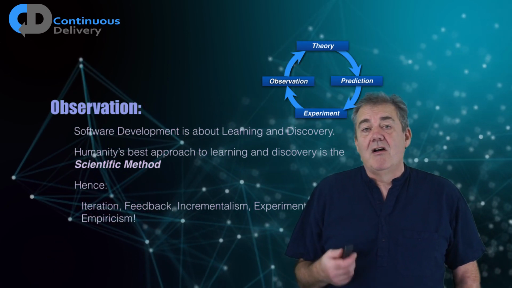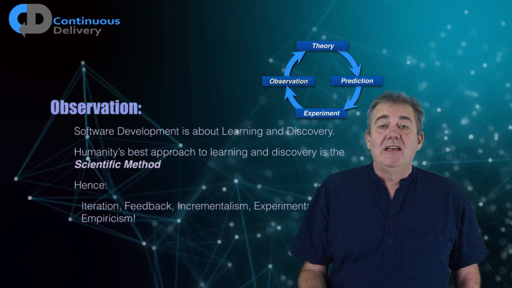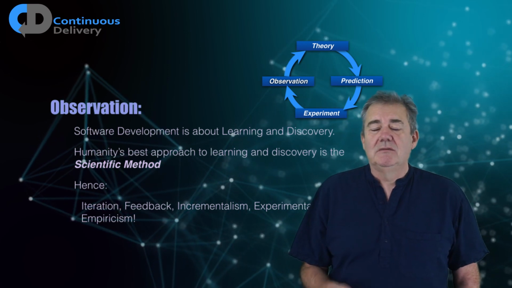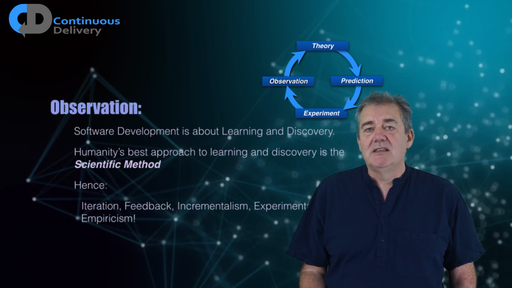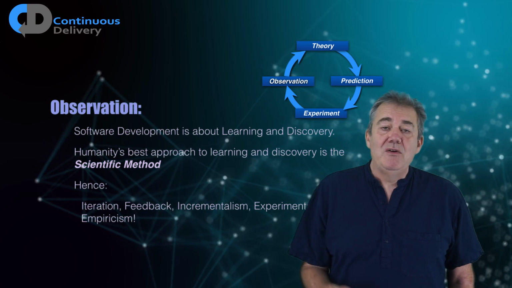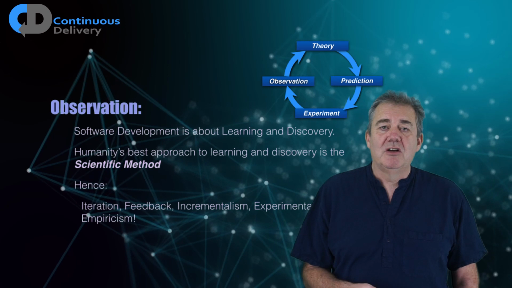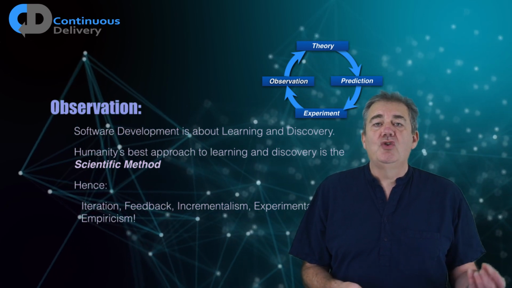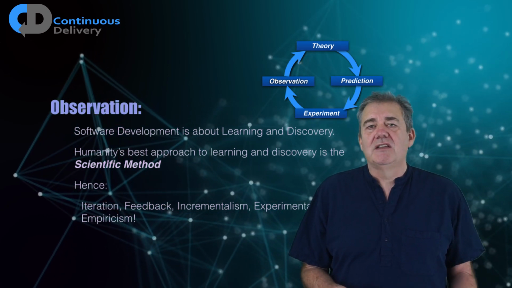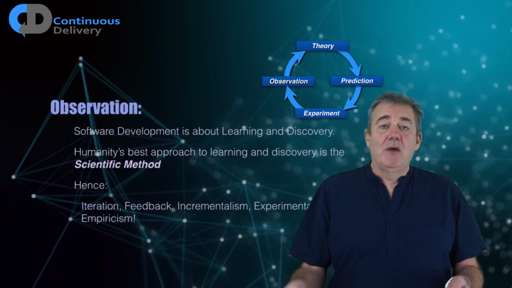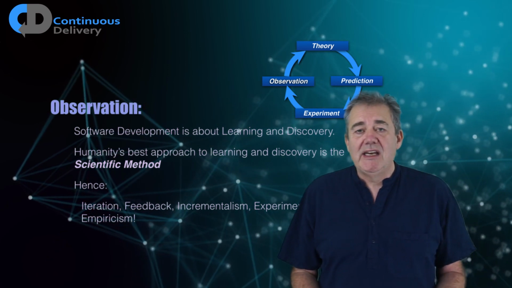The ideas of incrementalism, iteration, empiricism, experimental practice and feedback are foundational to our ability to practice in this more scientifically rational approach. These are the tools of the trade of science and Enlightenment style thinking that we can think of as genuine engineering in our context.